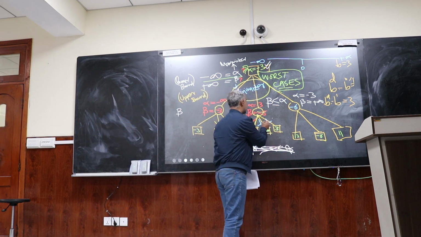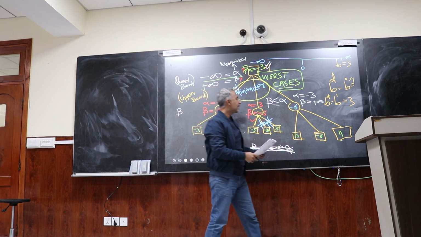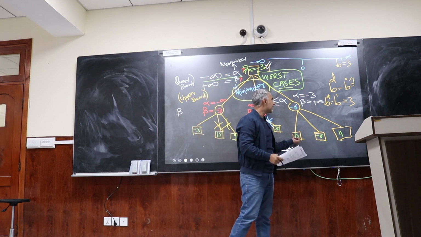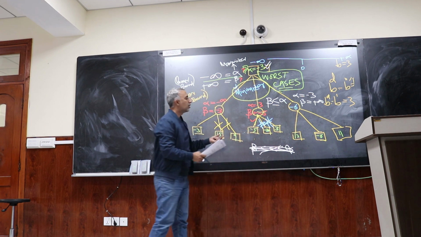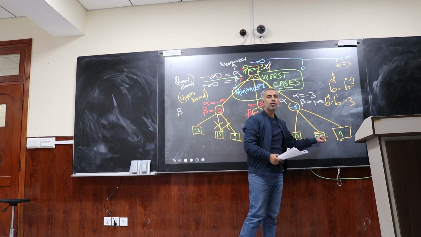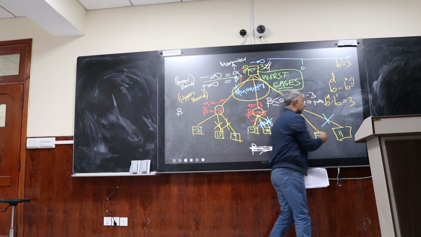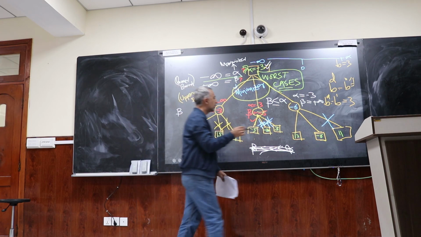Here we prune, we eliminate this, and here we know this can play a big role for alpha. A positive value will play as a lower bound. Out of this lower bound, minus 6, we should cut off 11 and 12.